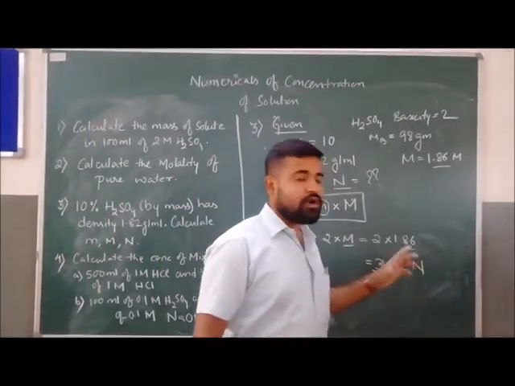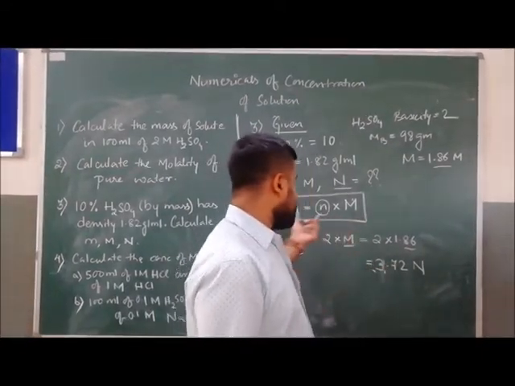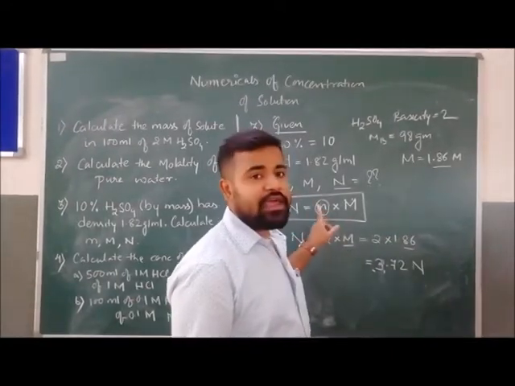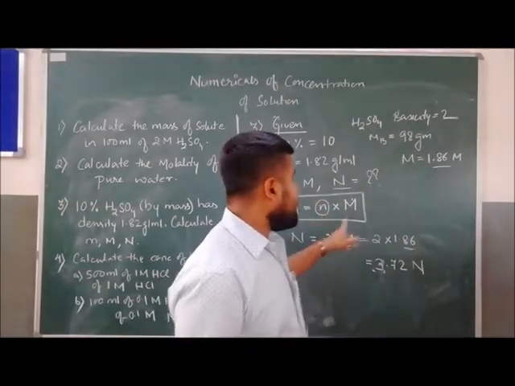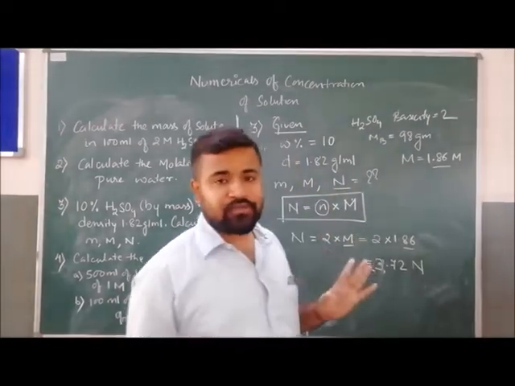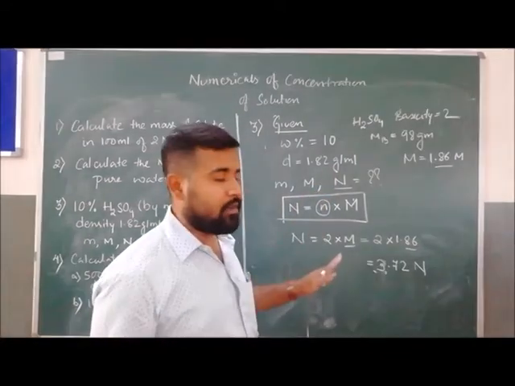So this is the normality we can find out from this formula, that is N equals to N into M. What is N? N is the basicity of the acid, and that is equals to 2. Clear? So in this way we can find out the molarity and normality.